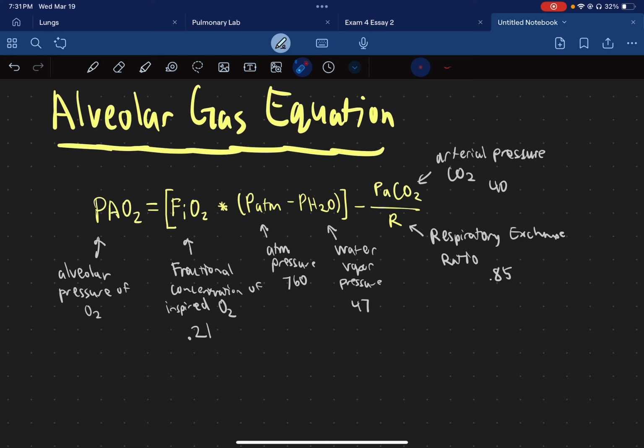They should be equal. Usually we can use the equation to find the one in the alveolus, and then to find the arterial one we can measure it. If the values are really different, we know that something is messing up the gas exchange. Something is going on, and we need to fix it.